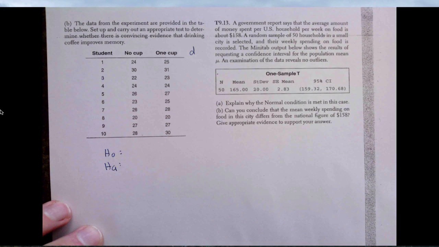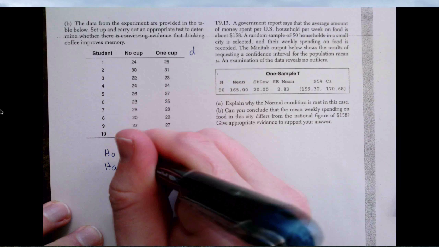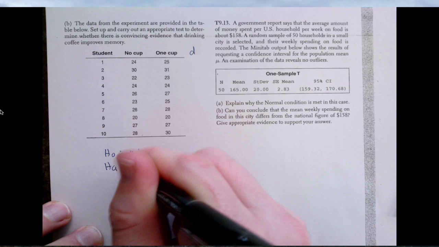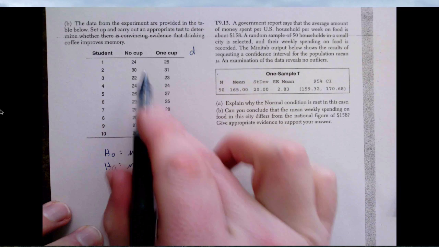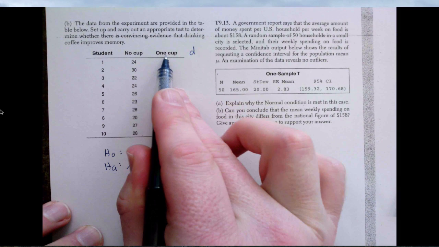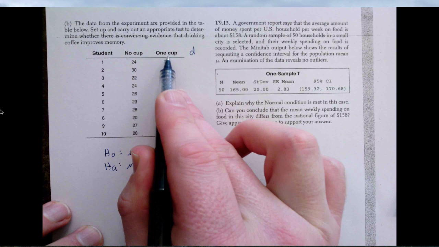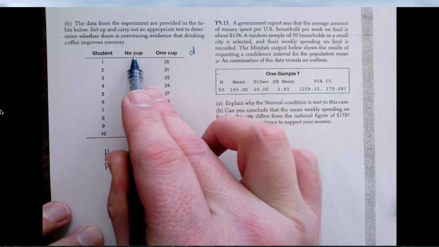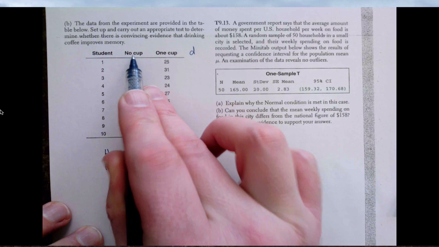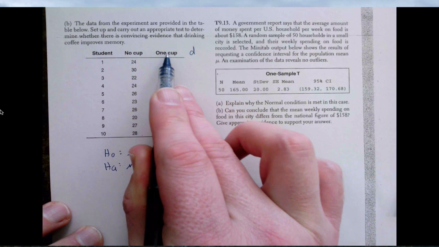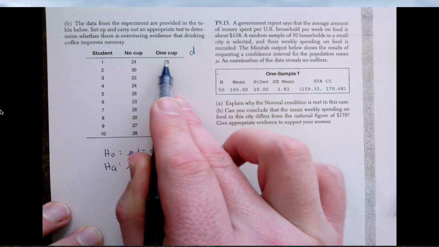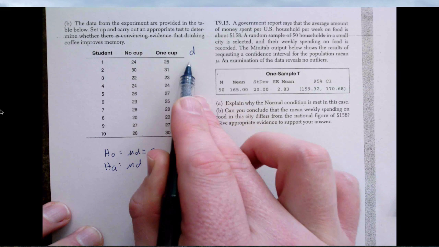In this case, our null is that the mean difference is 0. We want to show that coffee makes them more alert, so they do better. If we subtract them in this order, no cup versus cup, and coffee is better, we're subtracting a bigger number, so we end up with negatives.